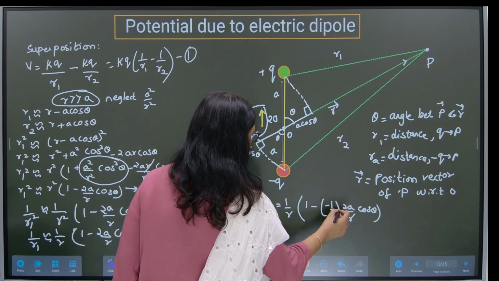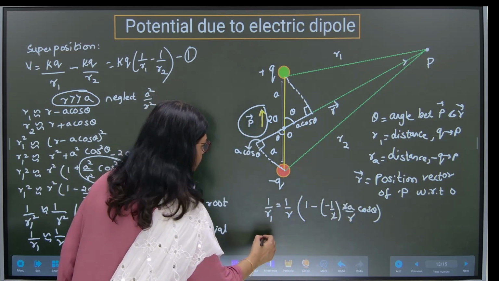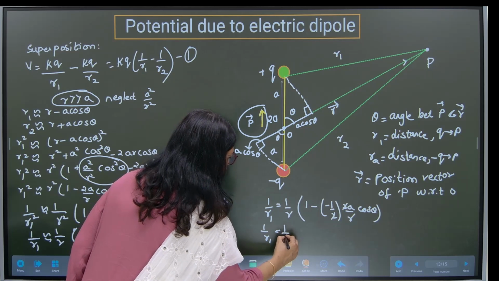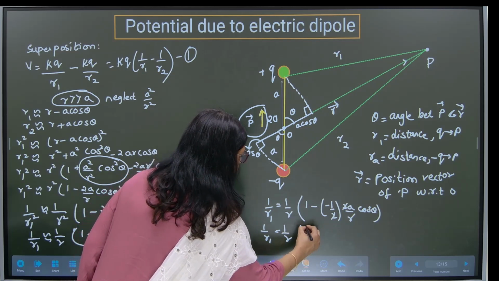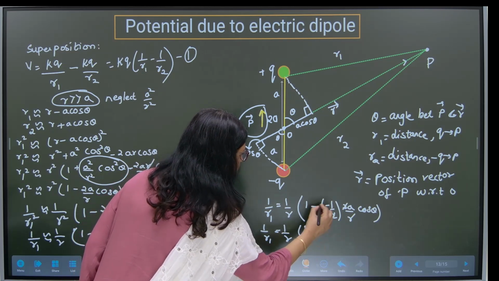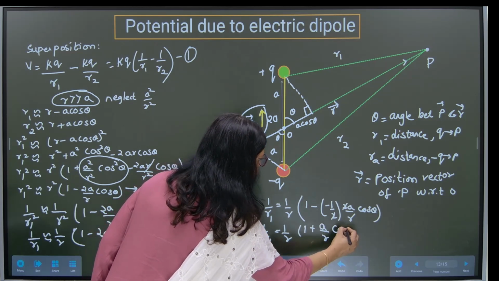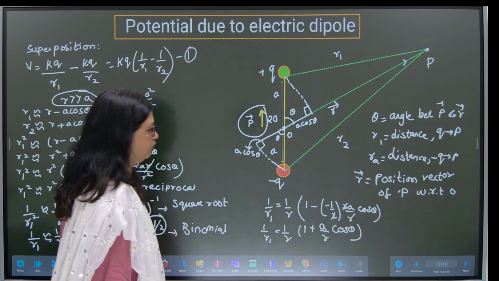So here 2 and 2 cancel. So I have 1 upon R1 is equal to 1 upon R, brackets 1 plus a upon R cos theta. Fine.